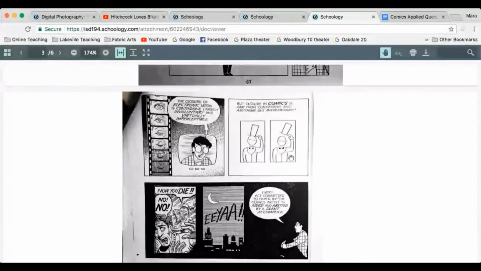Like this gesture, we think is probably pretty quick because there's only 2 images, and we can assume that it's happening in a very quick manner because they're pretty close together. But if this one was over here and this one was over there, and then we had a wall of text in between or some other picture, we might imagine that it takes him a little longer to take off his hat. So in comics, if you want to make things appear like they're taking a long time, put the pictures farther apart. If you want to make it seem like it's happening very quickly, put the pictures very close together.